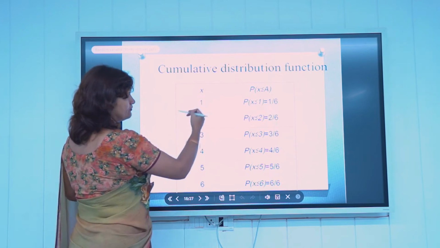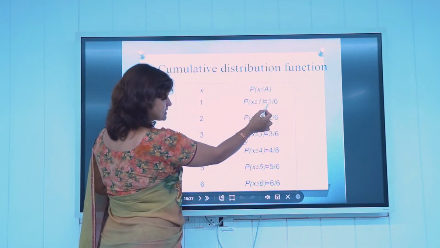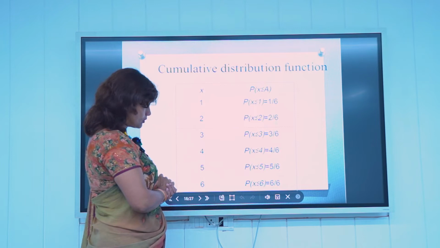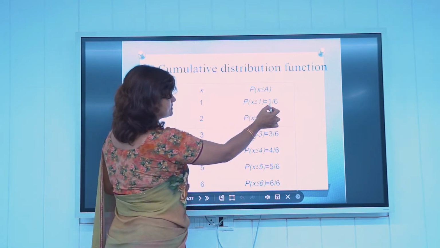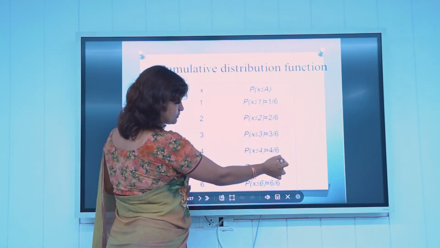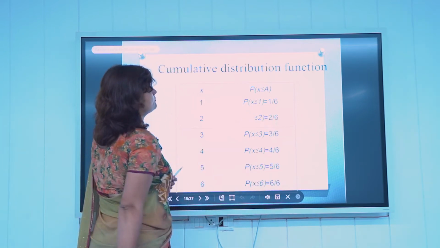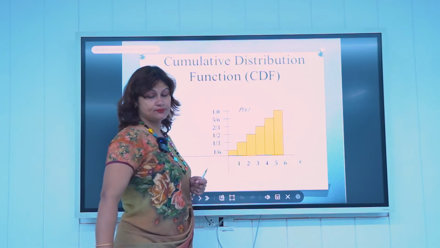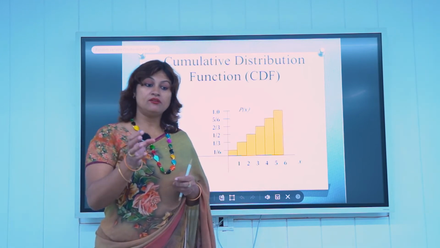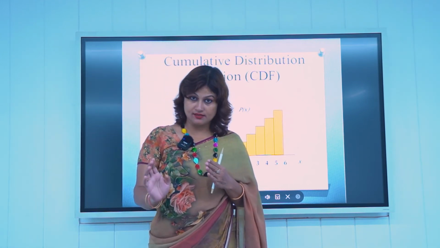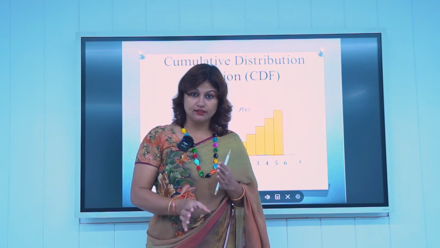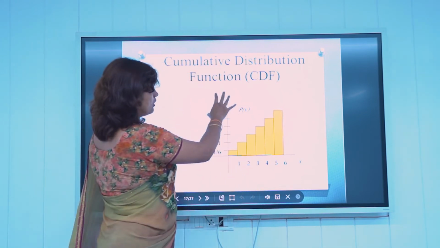For the random variable, 1 upon 6 was the first probability, and then you take 2 by 6, 3 by 6, 4 by 6, 5 by 6, and this is 6 by 6. This has been plotted in this graph, because you first calculate the probabilities, make a table of that, and then you will be able to draw a graph.